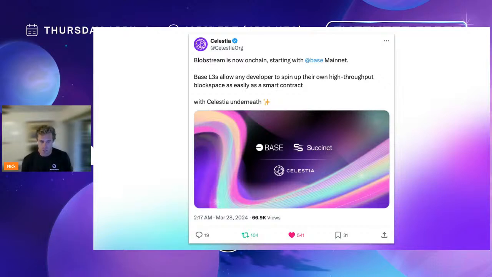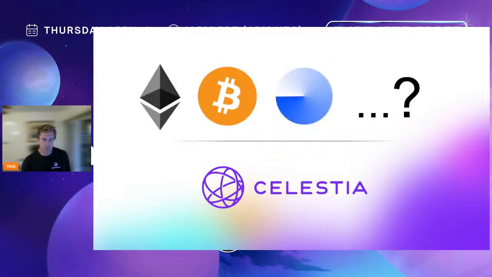And essentially what this unlocks is the ability for people to deploy L3. So rather than only settling to Ethereum with Celestia underneath, now you can settle to Base or Arbitrum, or frankly, maybe in the future, even Bitcoin, or insert other ecosystem or settlement layer into that mix.